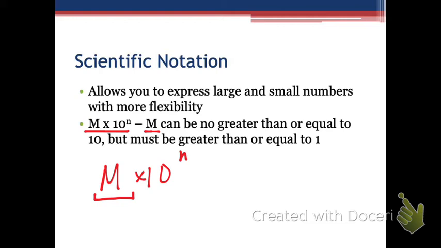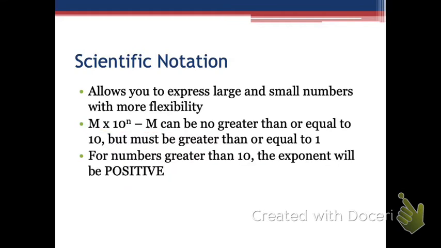So that number has to be between 1 and 10. Would this be a valid scientific notation expression? No, because that number is not between 1 and 10. We've got to make sure that the number we express right there at the beginning is always greater than 1 but less than 10.